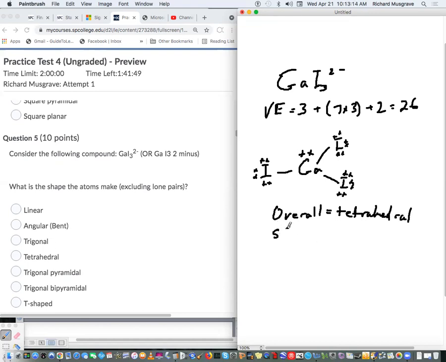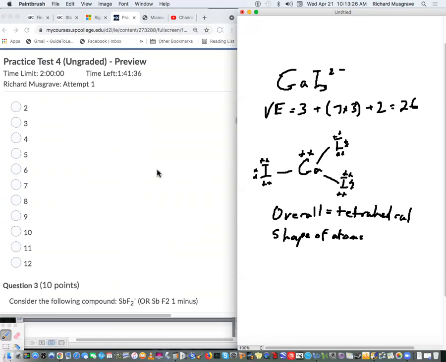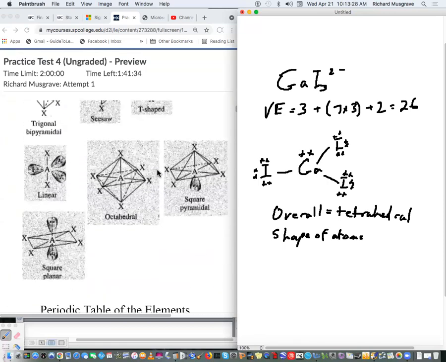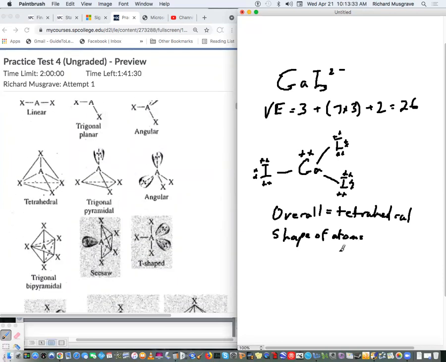And the shape of the atoms, which is what's being asked for here specifically, let's go back up here. We're looking for something that's got 3 atoms and a lone pair. And there it is, trigonal pyramidal. So you don't have to memorize anything, you just have to know what you're looking for. So trigonal pyramidal would be the answer.